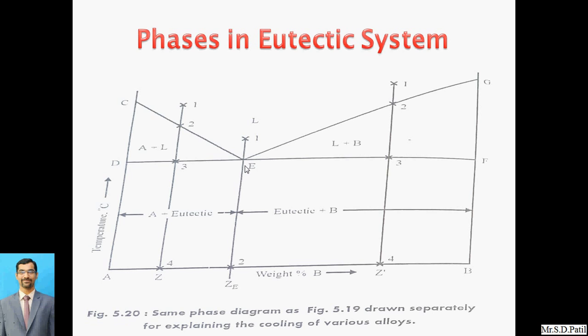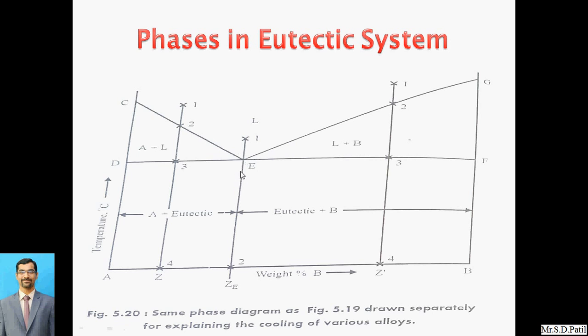Now, how does the cooling of the eutectic form? At point 1 everything will be in the liquid, but when the temperature goes down to point E, the reaction starts. At point E we get two solids, A plus B. The liquid starts converting into the two solids.